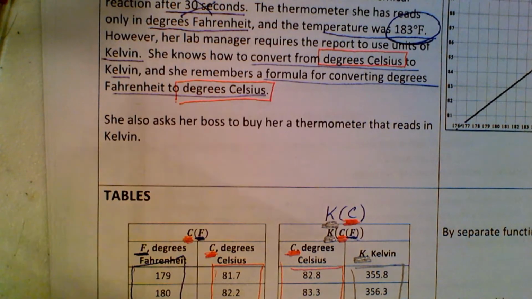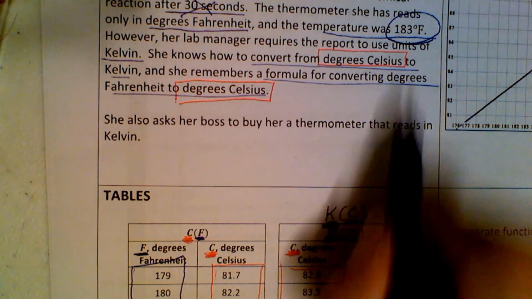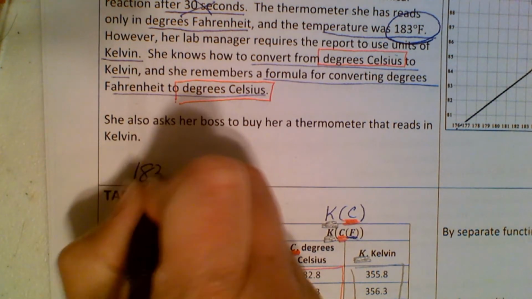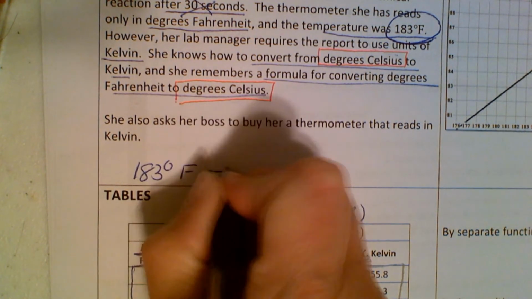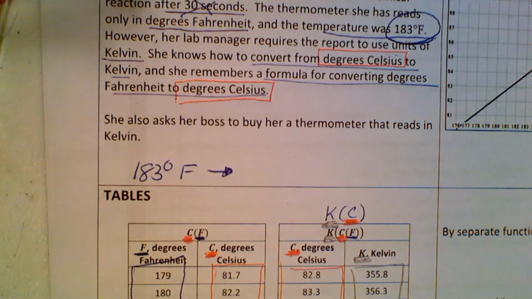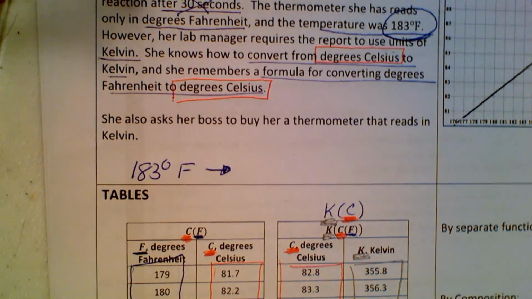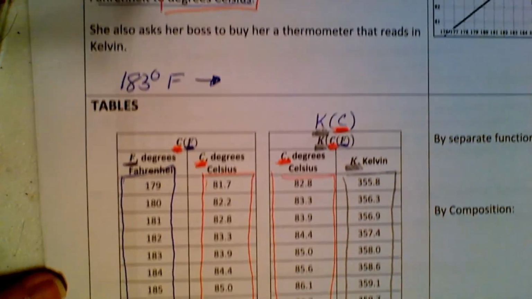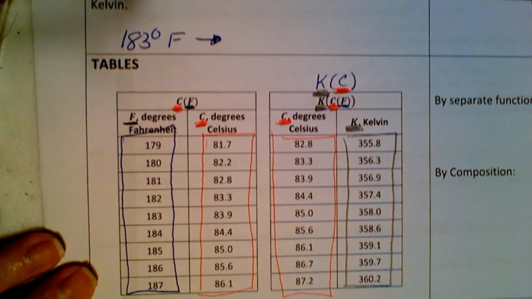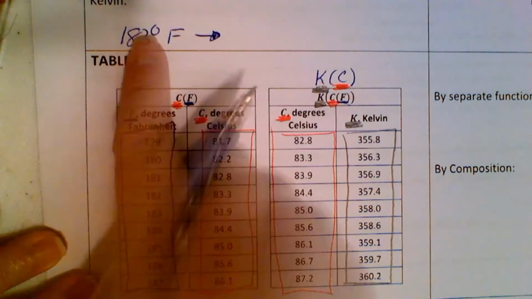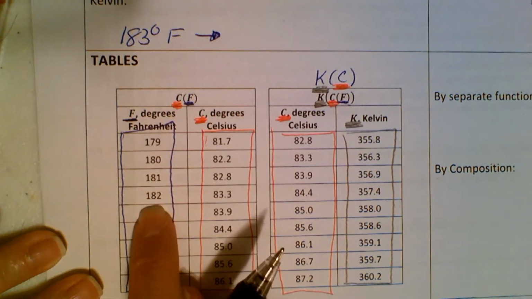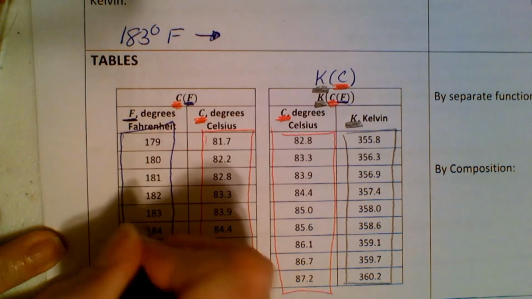And so we said she started with 183 degrees Fahrenheit. And she has to convert that temperature to something Kelvin through some means. So we're looking through the table. Let's see if I can bring up my whole table. I can. Yes, I've got what I've started with. So I come down in the degrees Fahrenheit and I find 183.